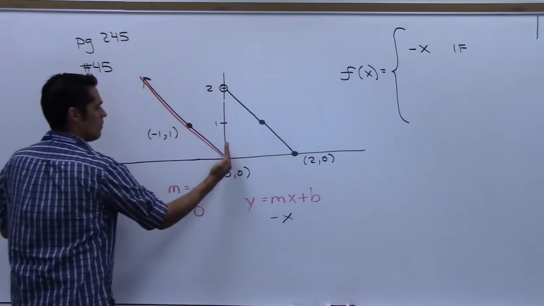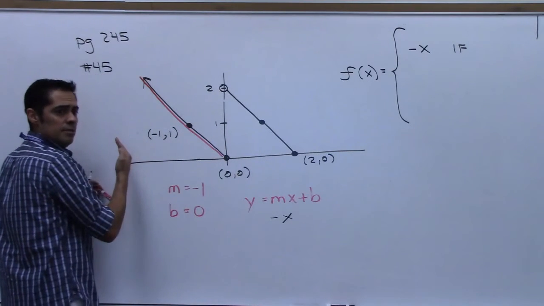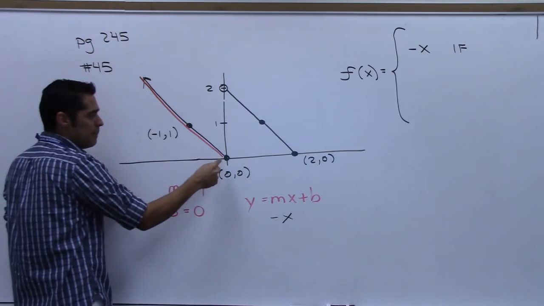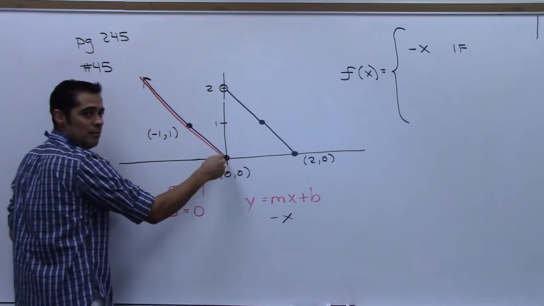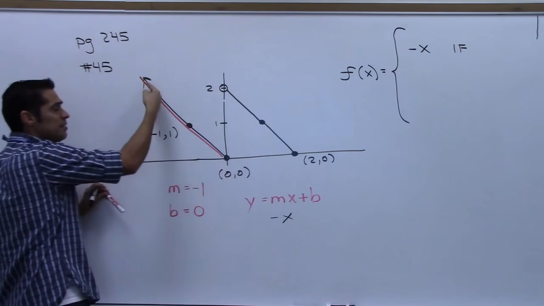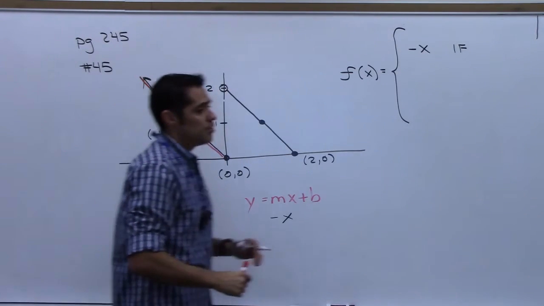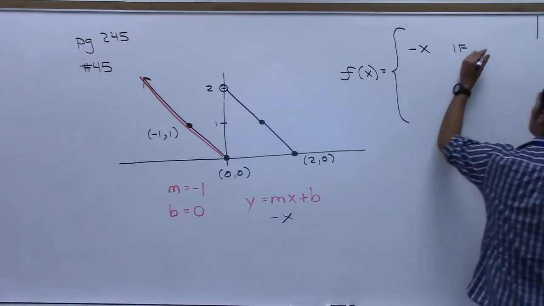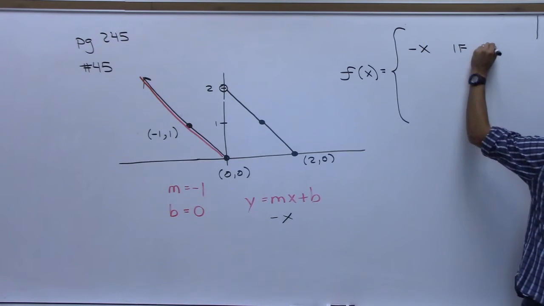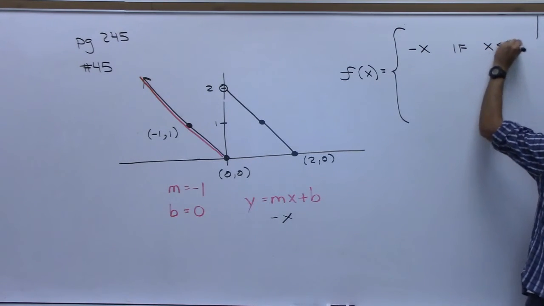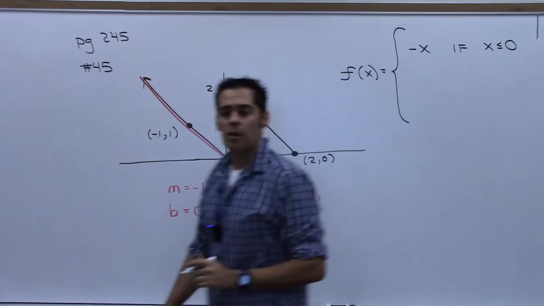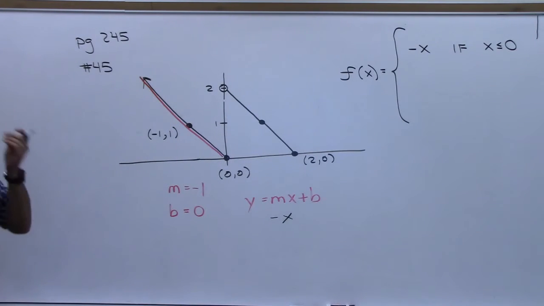X is less than or equal to 0. Less than or equal, because what happens at 0? You have a solid dot right down there. X is less than or equal to 0. All right? No questions?